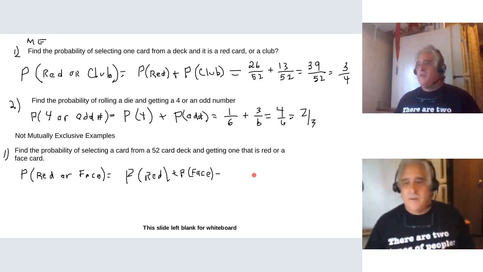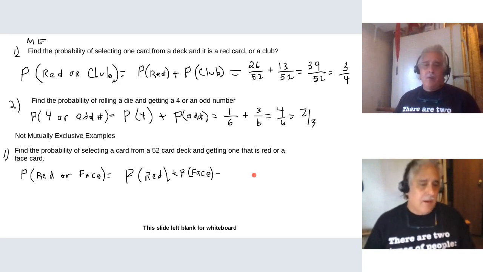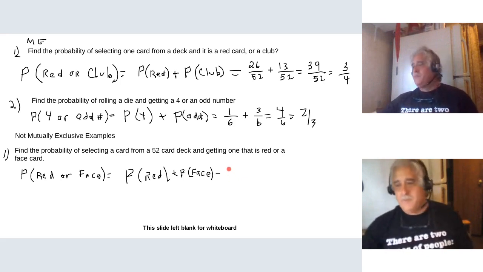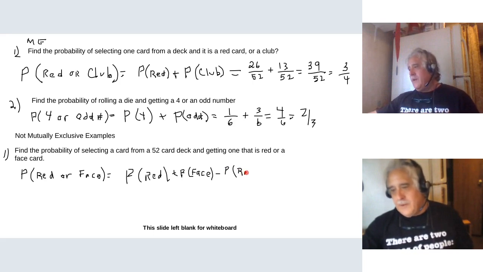There was no possibility of having a 4 or an odd number together on that one roll. But here, this is possible. So what I put is red and face. And I'll just put face so I can hopefully squeeze it in here. I don't think I'm going to have enough room, so I'll just put it below it.